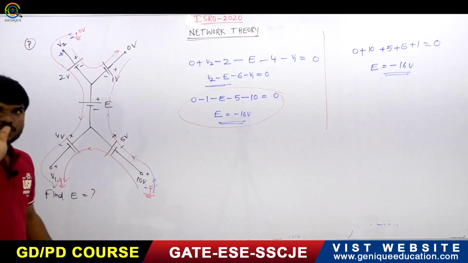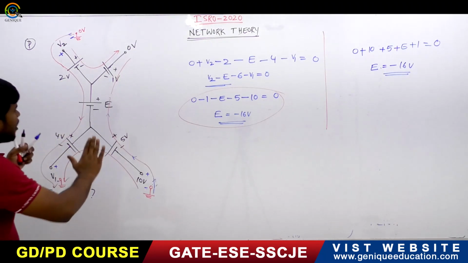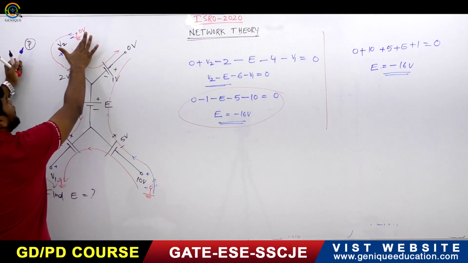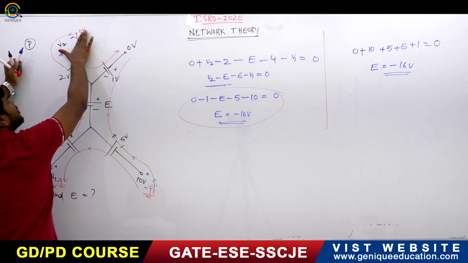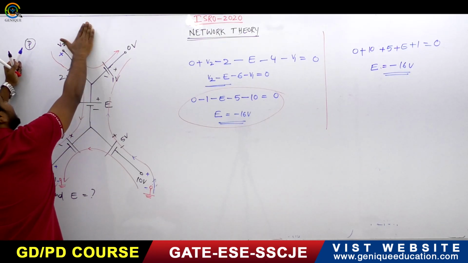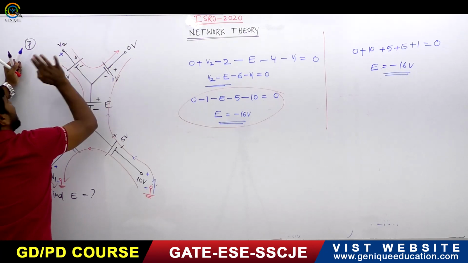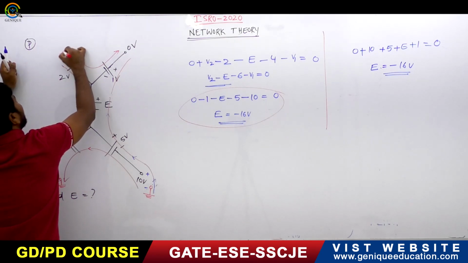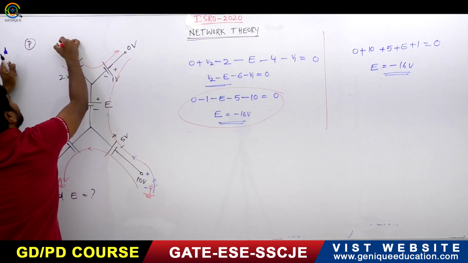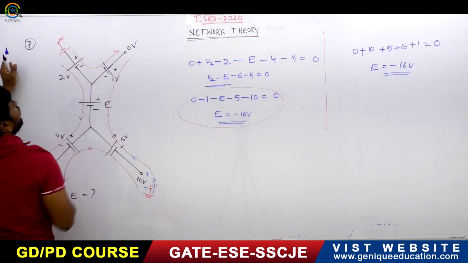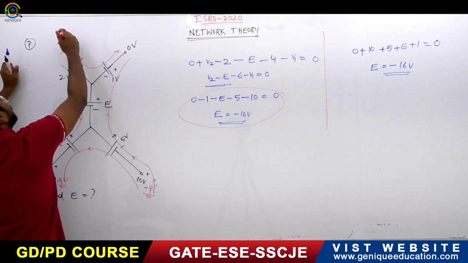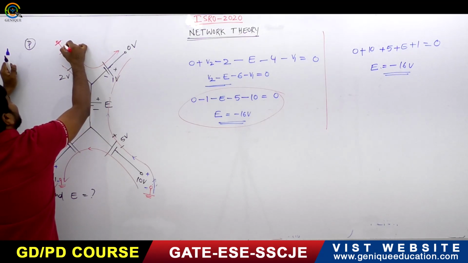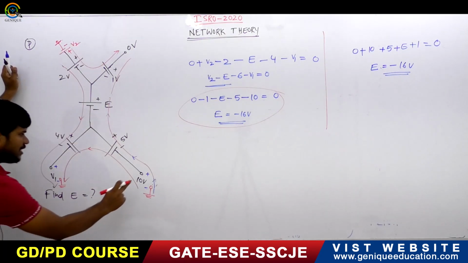Understand or not? So what is the meaning of these terminals? Observe this. It is just like one battery with respect to ground. It is plus, it is V2. What is the meaning of this?